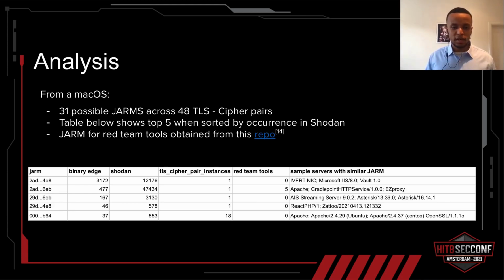Lastly, you can see that the second JARM entry actually matched 5 red team tools. So as a red team operator, you might want to keep that in mind and maybe avoid that specific entry to maintain operational security. All of these, Binary Edge, Shodan, and the red team tools, are supported by the randomizer itself. So these are statistics you can pull out if you wanted to run this on your system and get some stats back.